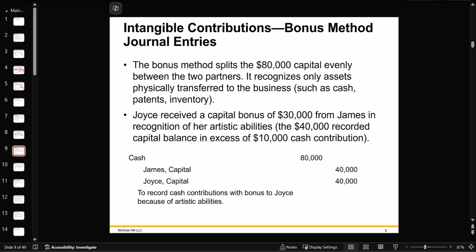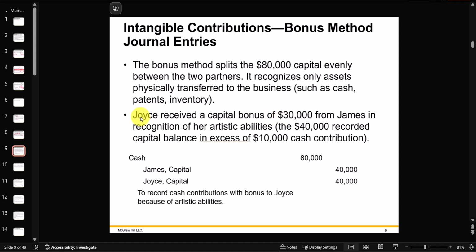Here's the 80,000 total cash. Again, that's 70,000 by James and 10,000 by Joyce. But when you allocate the ownership interest upon contributions, notice that they each get half. In other words, there's a $30,000 bonus being given to Joyce.